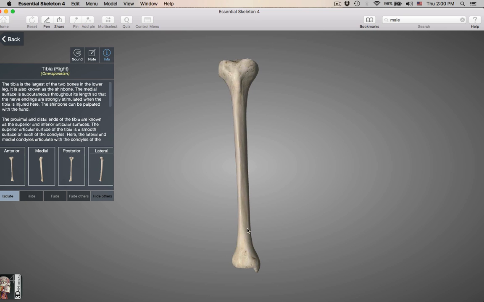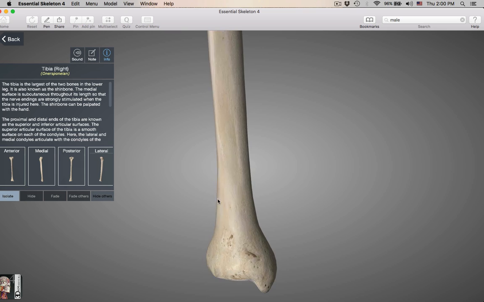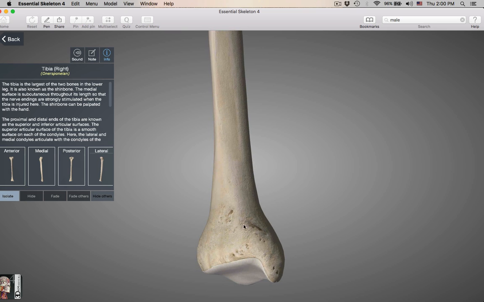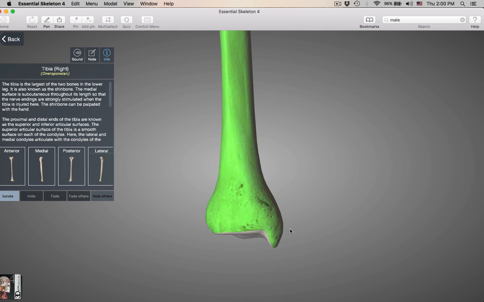This is the big bump. If you go on the medial side of your ankle and you feel that big bump sticking out, this is what you're feeling, the medial malleolus.